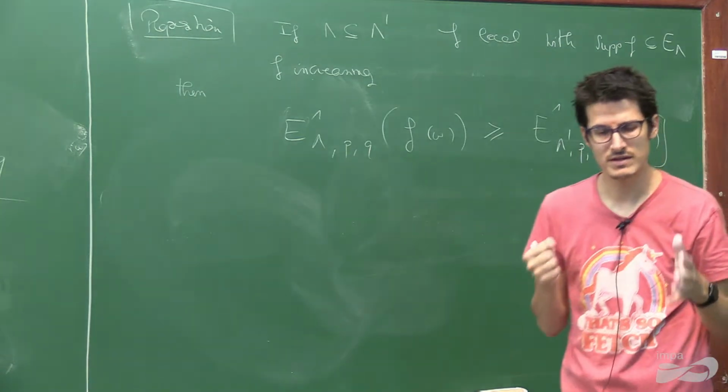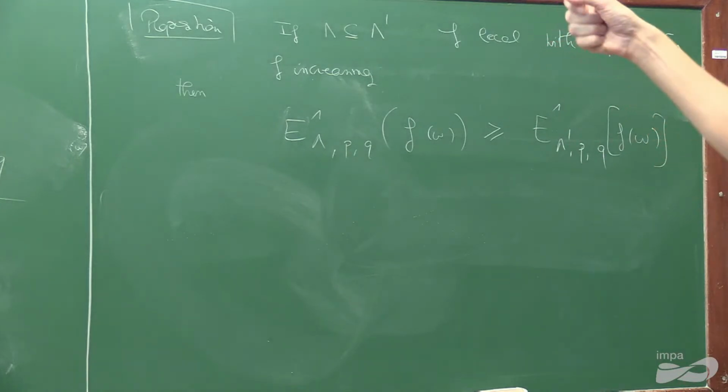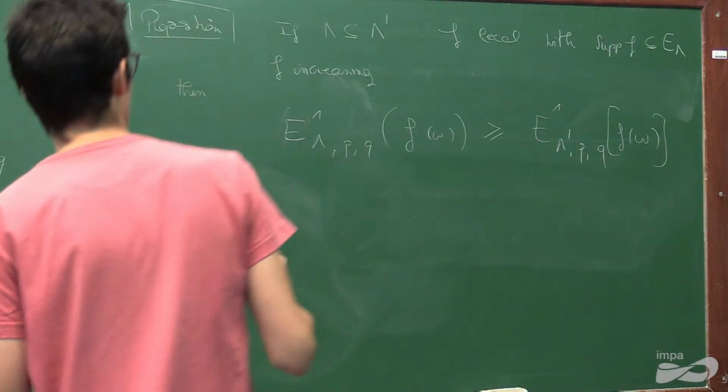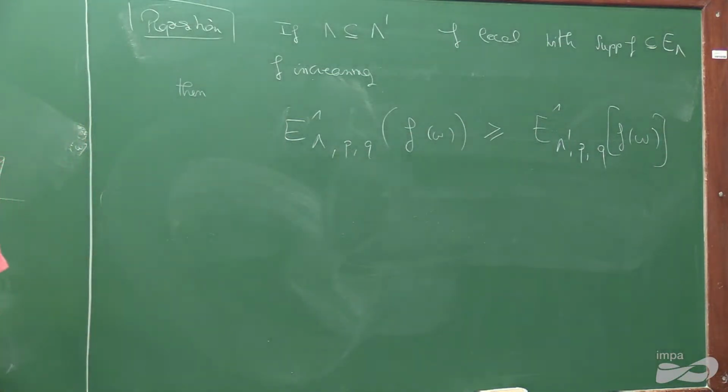So if you take an increasing function, then the expectation decreases when the box increases. So something very similar to what we had for the Ising model. When I say increasing, I say really increasing with respect to the coordinate order on {0,1}^Lambda, because the advantage of going back to percolation is that now we have a completely natural order on the set of configurations.